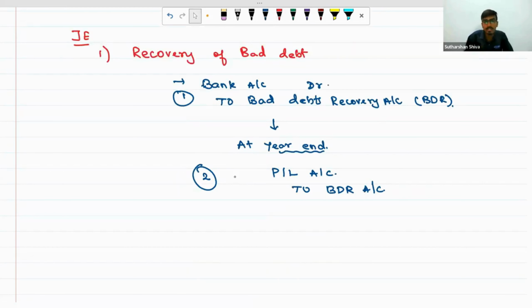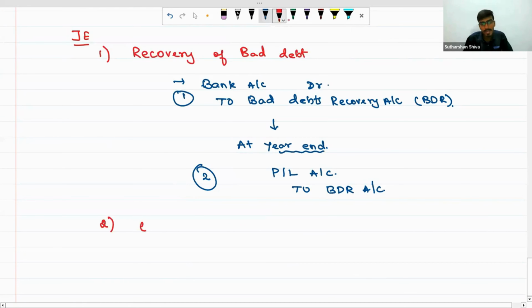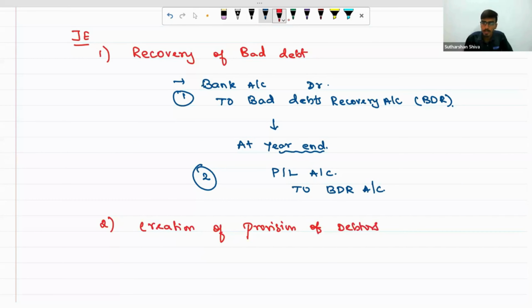Or you may think that you may create a provision. So creation of provision on debtors.